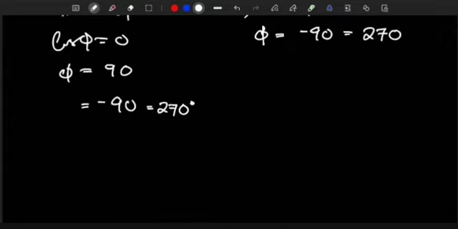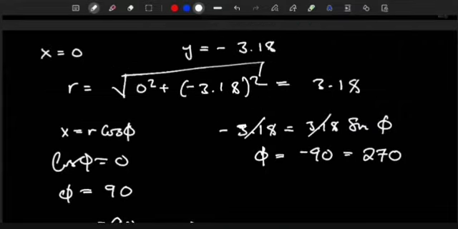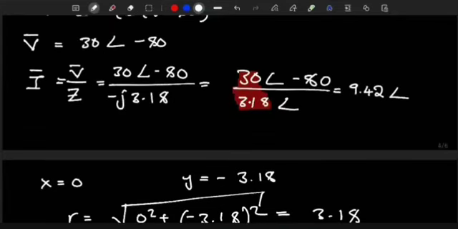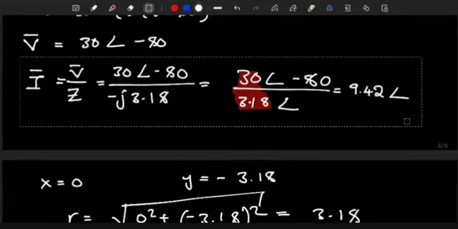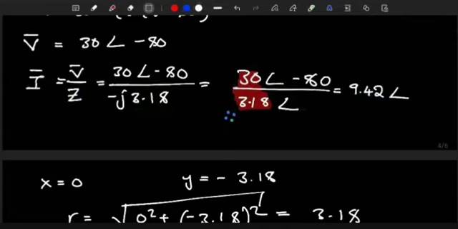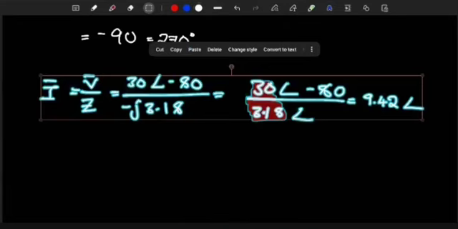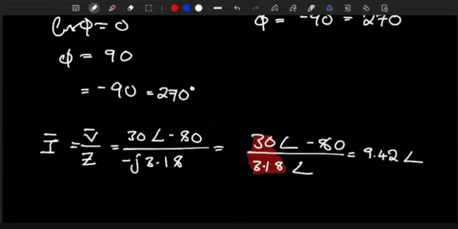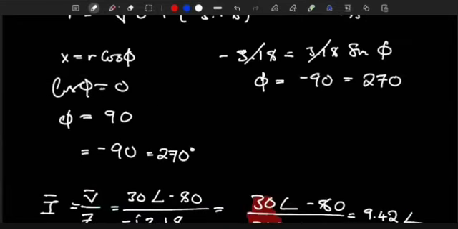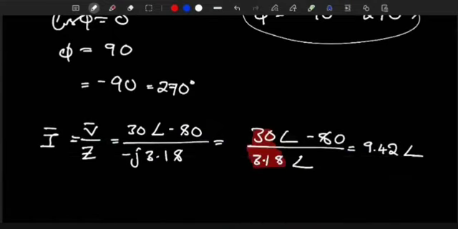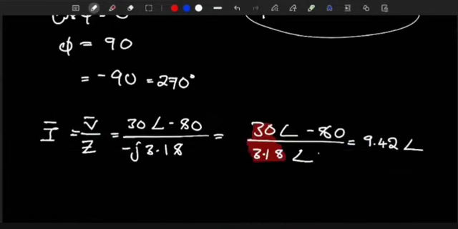Now, once we have our answer as our angle, let's get this expression and try to complete it. Let's try to go with negative 90. If we go with negative 90 here, it means that when we say minus 80 minus 90, it becomes minus 80 plus 90, making this a 10 here.